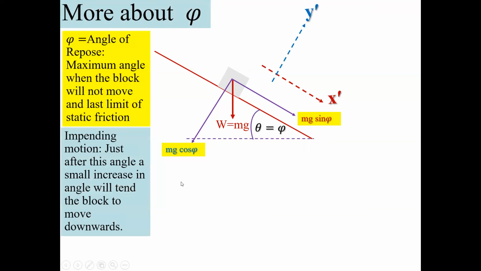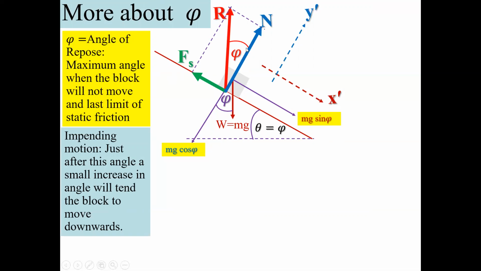More about phi. So far we know these two. Now what else? This is also phi, this is also phi. And as you can see, the angle between the resultant force of N and Fs and the normal force is also phi.